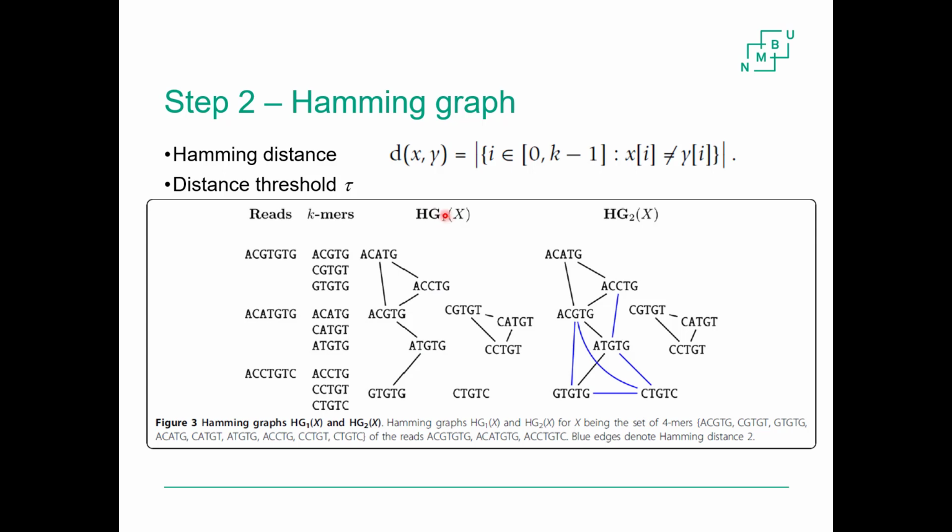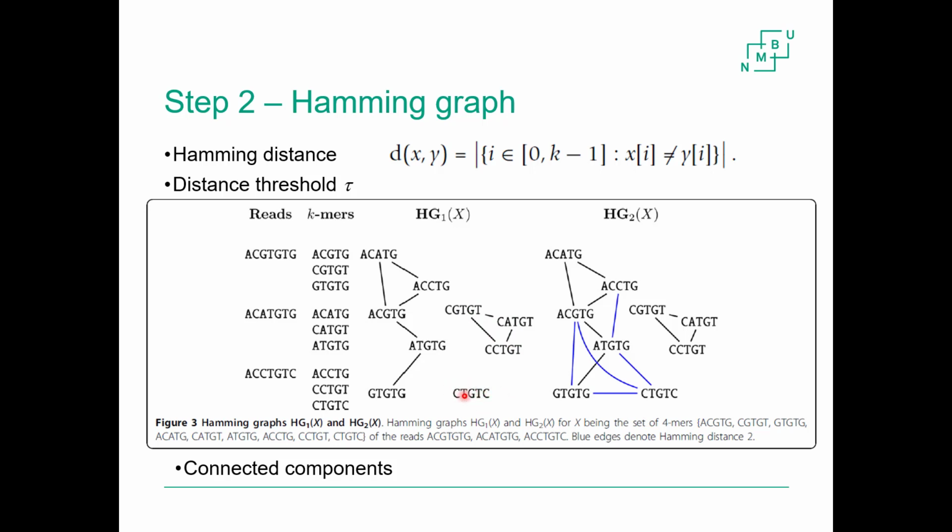Because now we set the threshold at 1, that's why you get one part of the graph here. This is what we call a connected component. Connected components are the parts of the graph that are connected: you can walk from one k-mer along edges to another k-mer. These three are also connected. And this one here is a singleton, we call it.